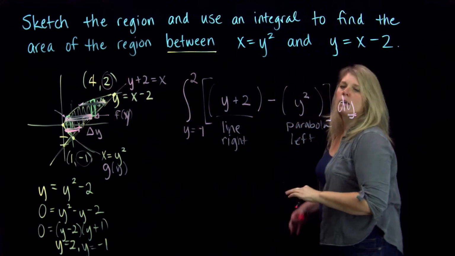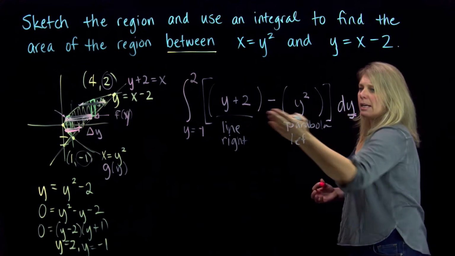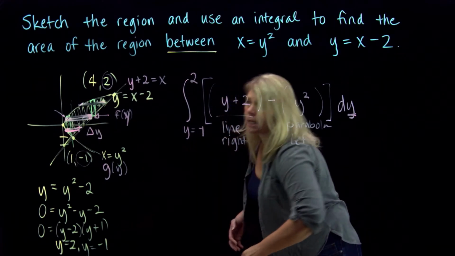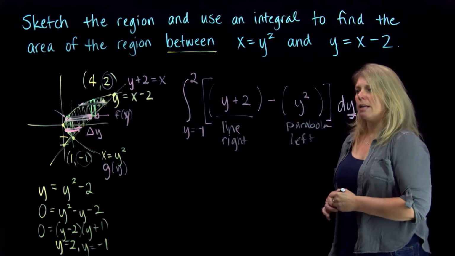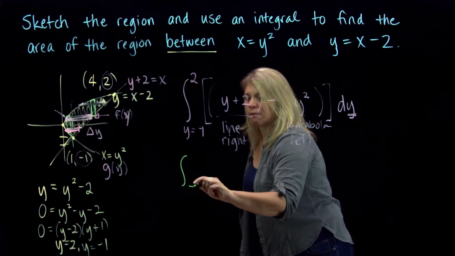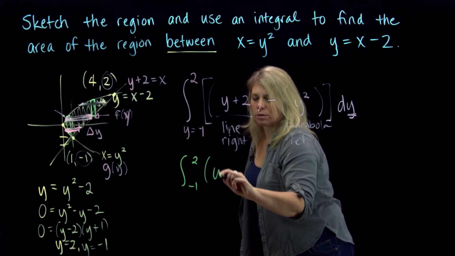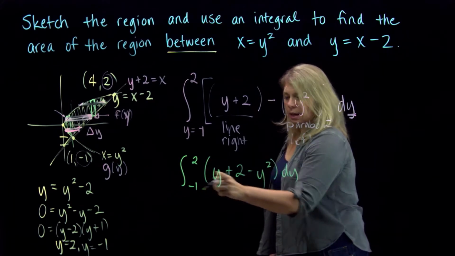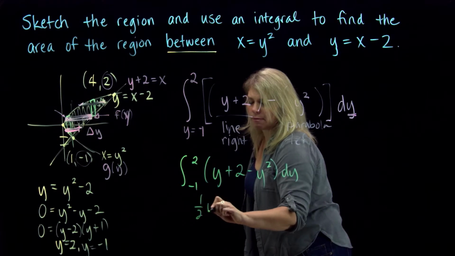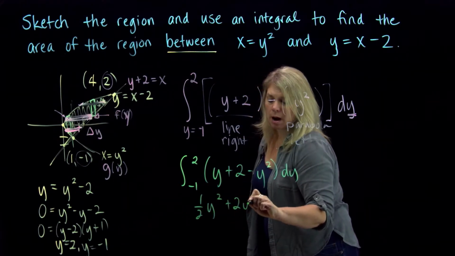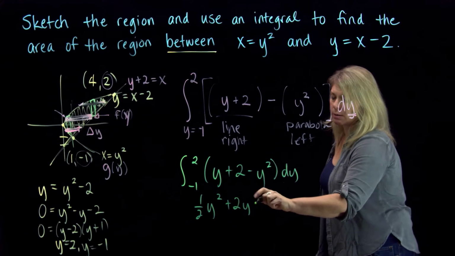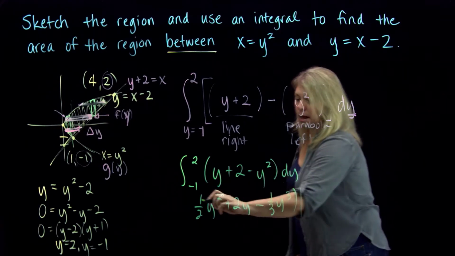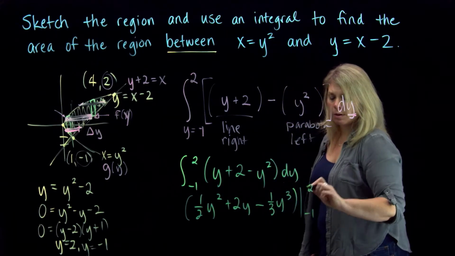Y equals 2. From there, it's just a matter of tidying up this integral and then doing the antiderivatives, plugging in your limits of integration and finding the value here. So we've been working on that for a while, so we'll just go through that kind of quickly here. Antiderivative, 1/2 y squared plus 2y. Remember, we're finding an antiderivative with respect to y. Minus 1/3 y cubed, and all of that evaluated from -1 to 2.